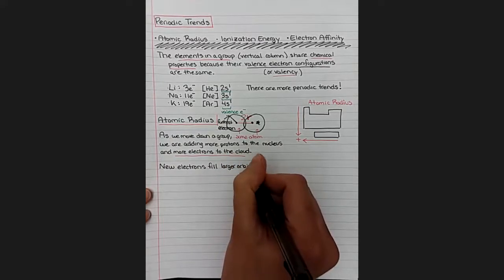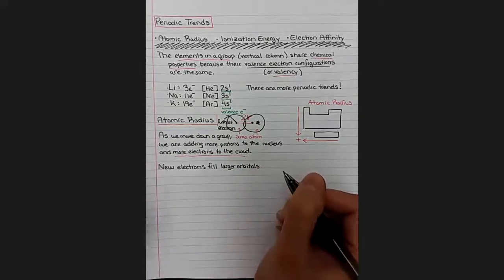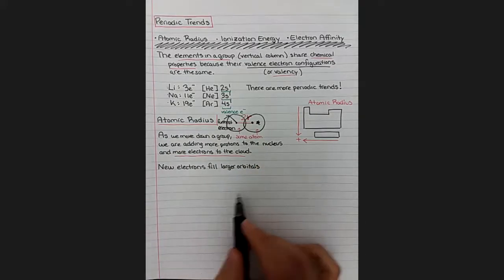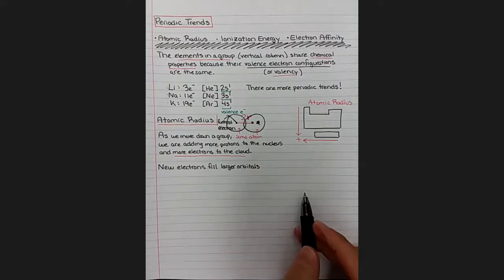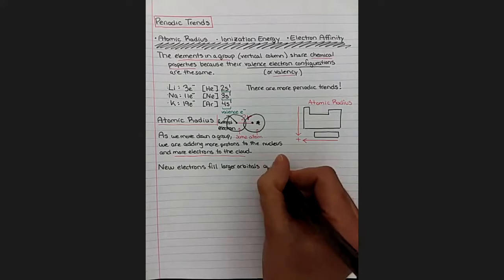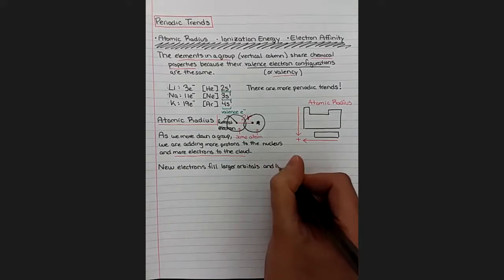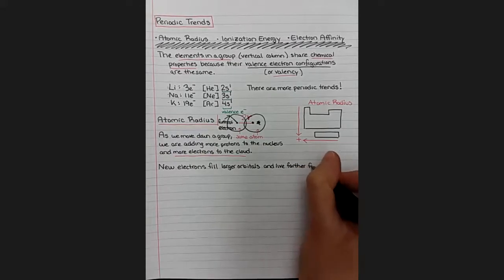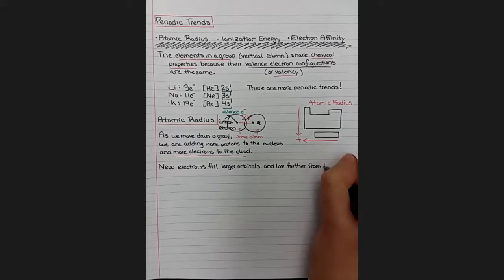The Aufbau principle tells us that we fill electrons from the smaller principal quantum number orbitals to the larger principal quantum numbers. And those larger principal quantum numbers are physically larger, and they are farther away from the nucleus. So each additional electron lives farther from the nucleus than the last.